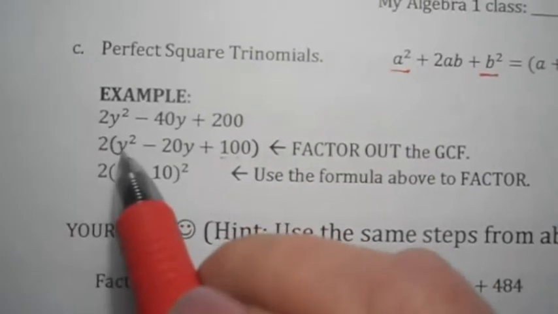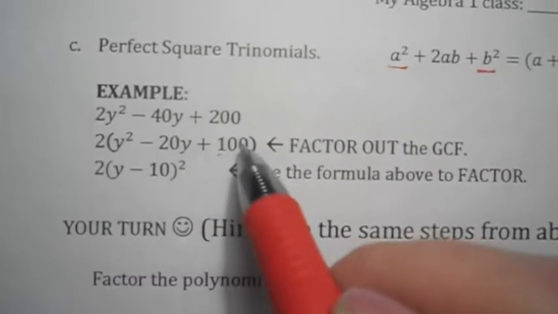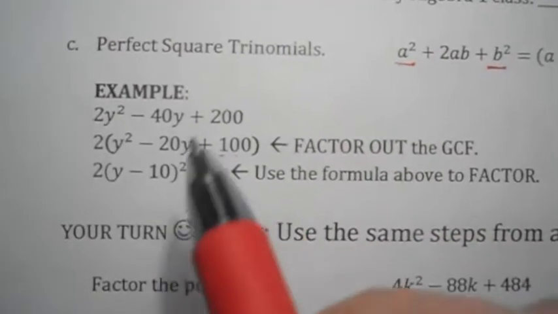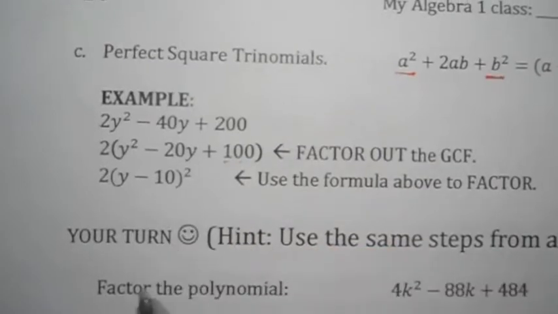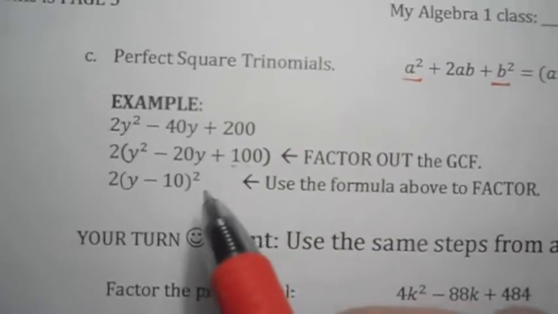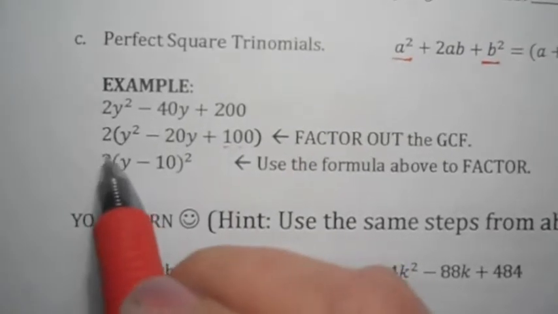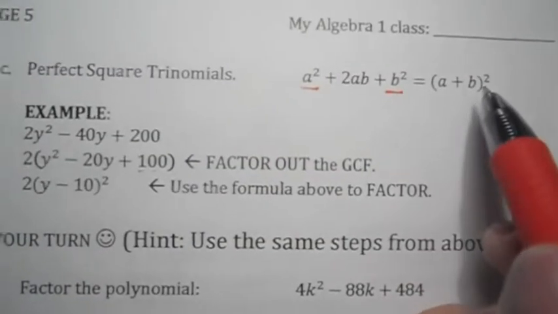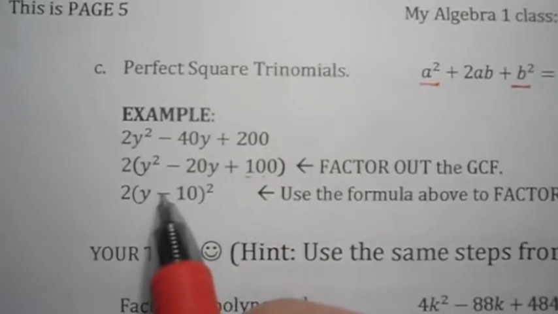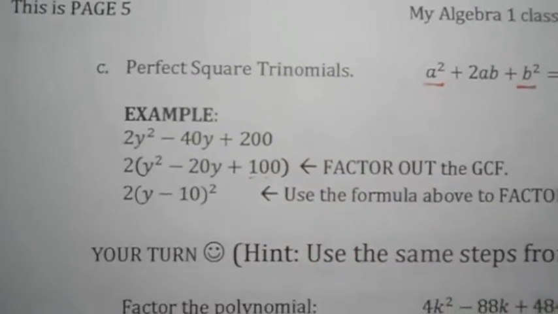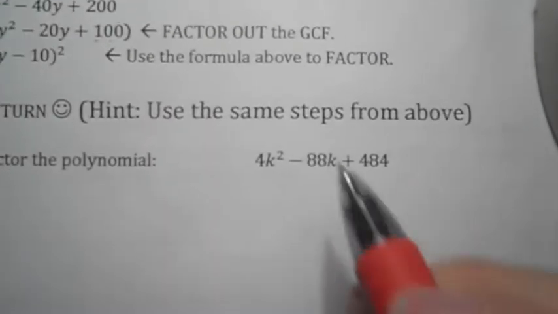So y and 10 multiplied together get 10y. Double that, you get 20y. So it does work out. The only issue is that we have this negative sign. So we fill it into this formula, but we know this is supposed to be a negative 10 because of this sign here.